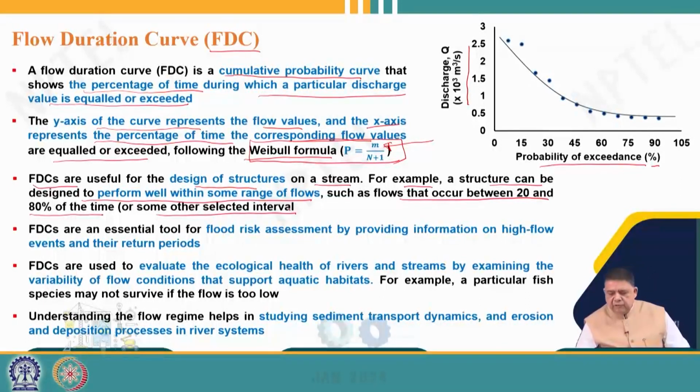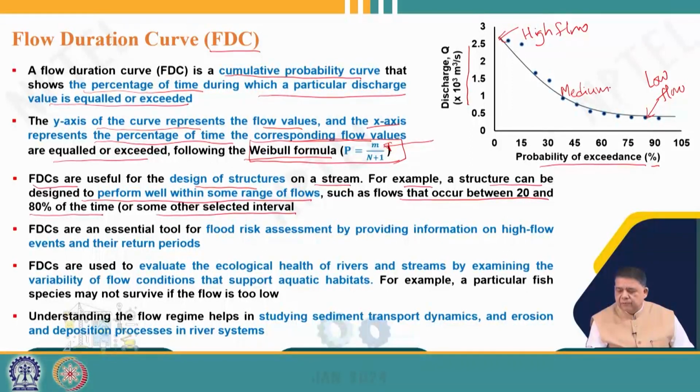So, here if you see the probability of exceedance, at the rightmost corner when the probability of exceedance is 90 or 100, this is the low flow area, while at the other extreme when the probability is low, 1%, 2%, this is the high flow area, and in between this is the medium flow. So, we have 3 distinct flow regimes here: high flow, medium flow and low flow.